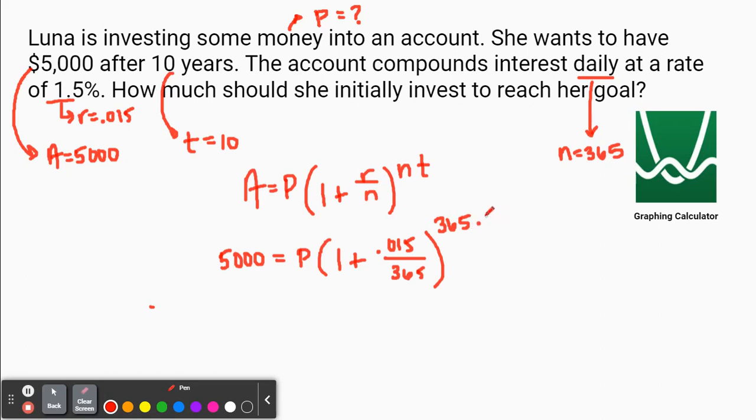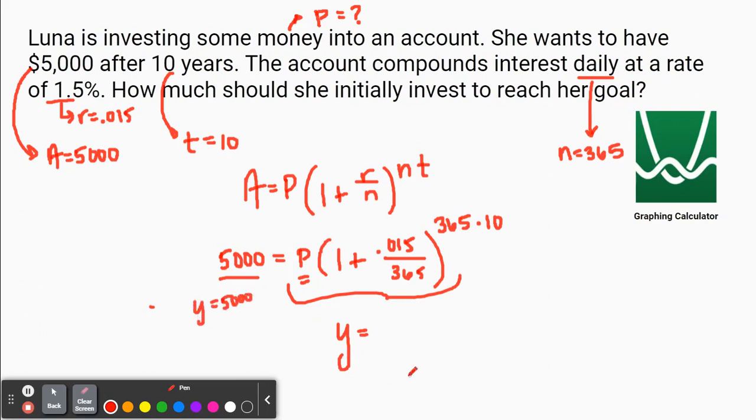And then the time is 10. So we're going to plug this into a graphing calculator. That's because when I look over here, I do have a variable. So I'm going to need a graphing calculator for this. So we're going to plug this into one line and then 5,000 into the other line.